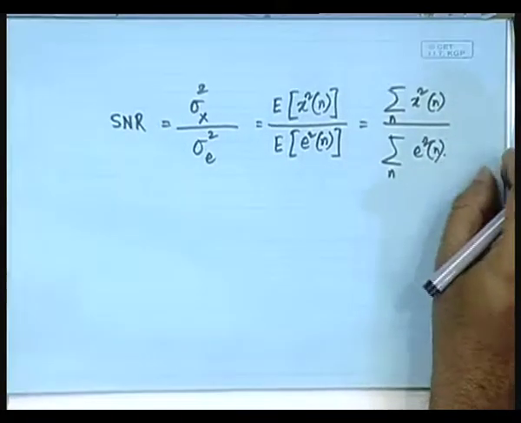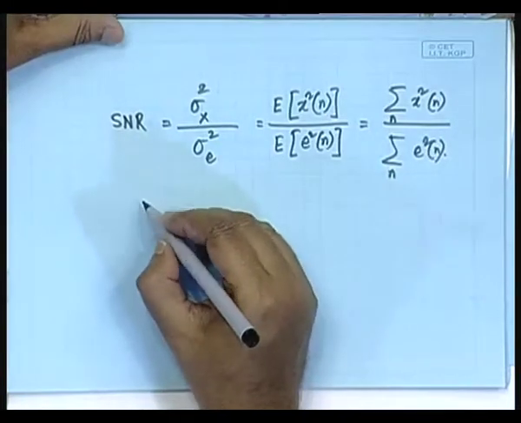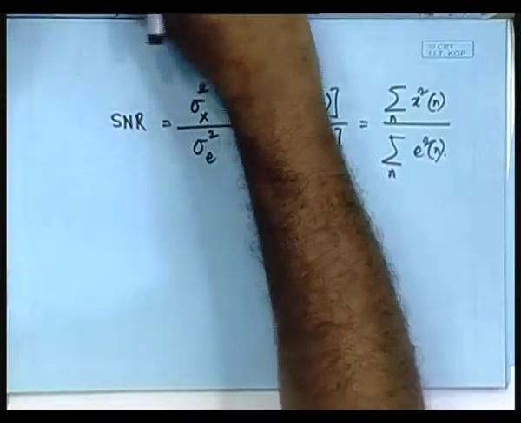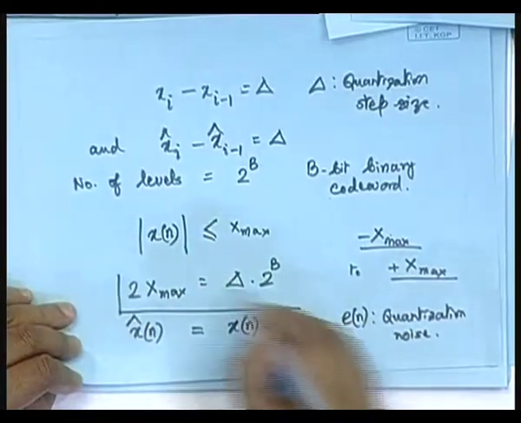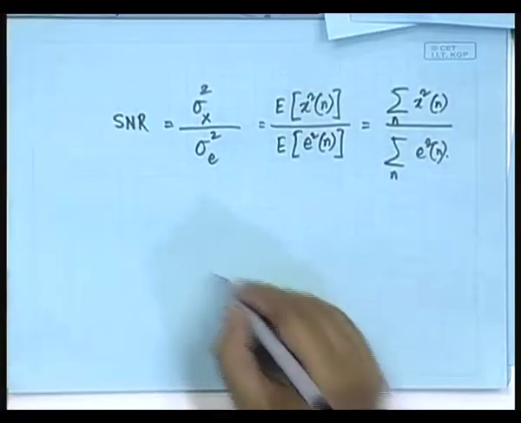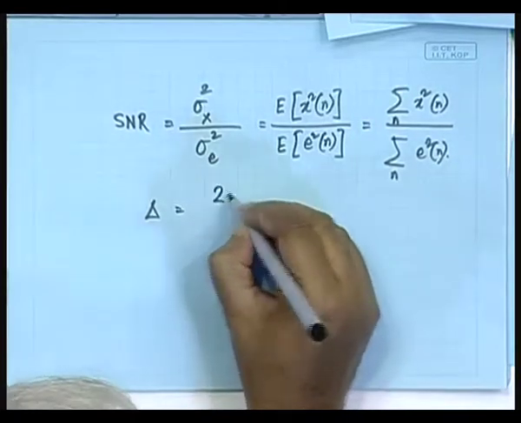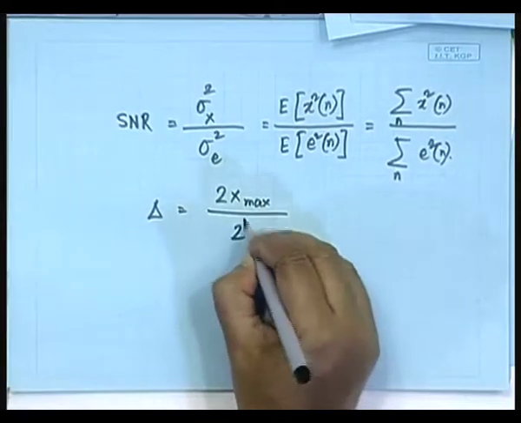Okay. And if we take the peak to peak quantizer range to be 2 x max, this we have already shown. In fact, we have already indicated this, that 2 x max is equal to delta into 2 to the power b. So, from this the quantization step size delta can be expressed as 2 times x max divided by 2 to the power b.